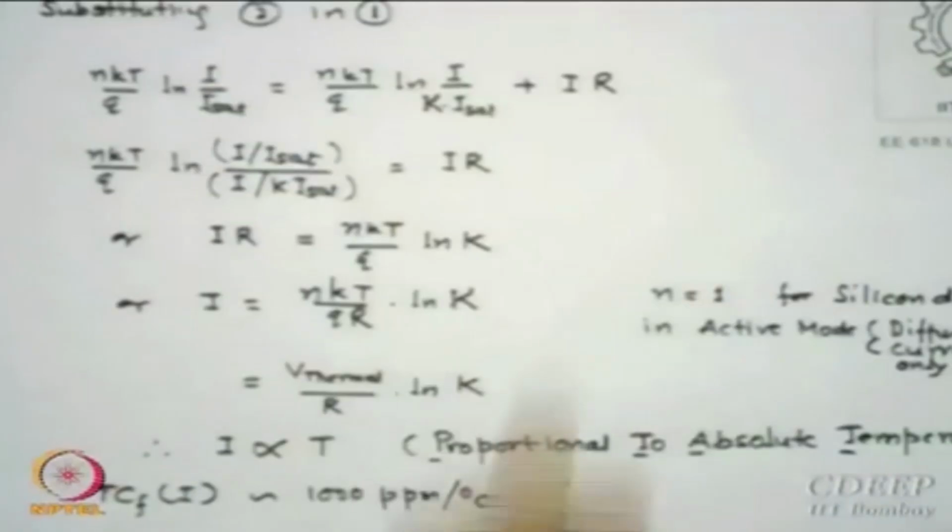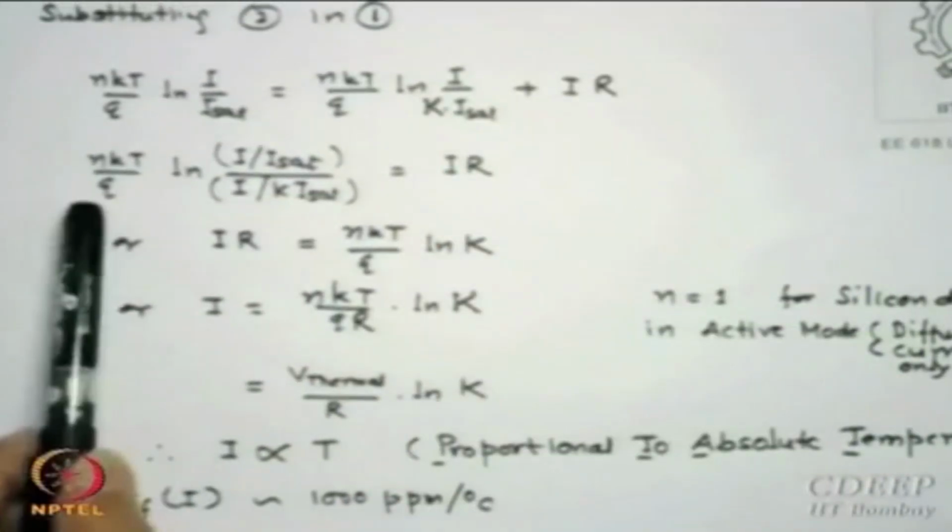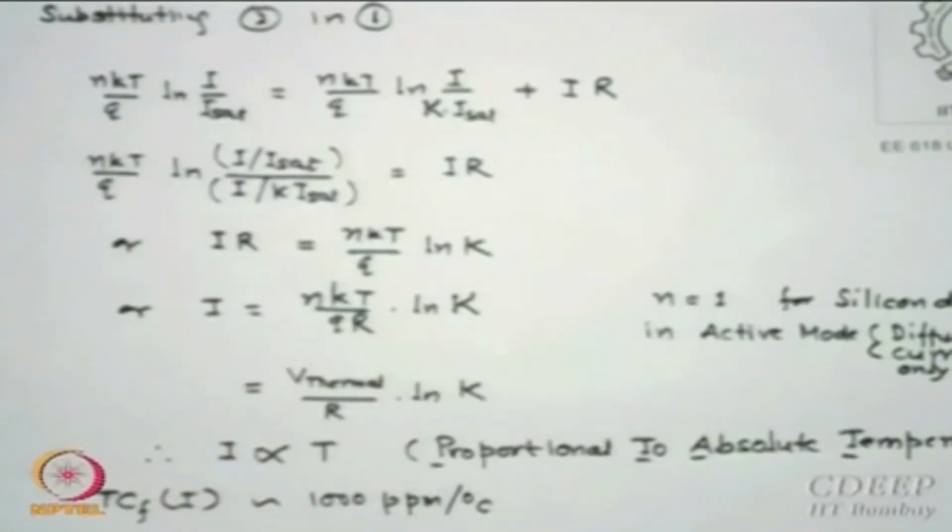So if I substitute 2 in 1, then I get nKT ln I sat equal to nKT by q ln I by k I sat plus IR. I did a little mathematics, so I get I is equal to nKT by qR ln k. KT by q many books write Vt, like Boyce writes.